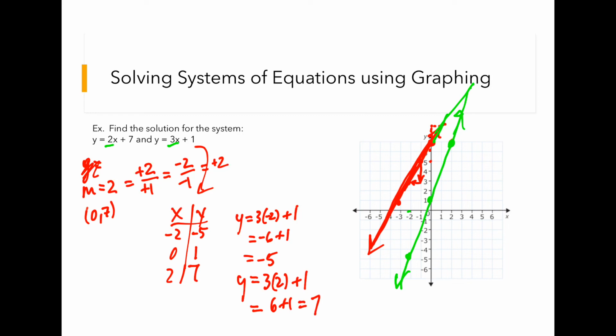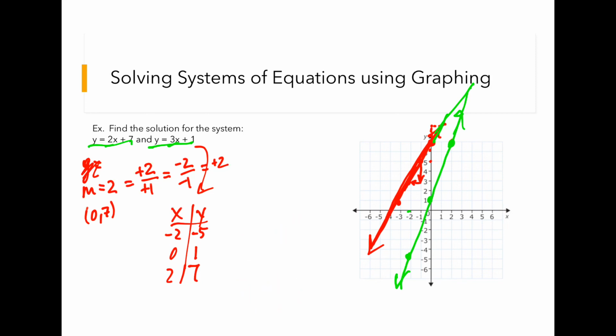In this particular case, I want you to, looking at these two, notice that they're both set equal to y, as they're both in slope-intercept form. So I'm going to use just a quick alternative way of solving this.